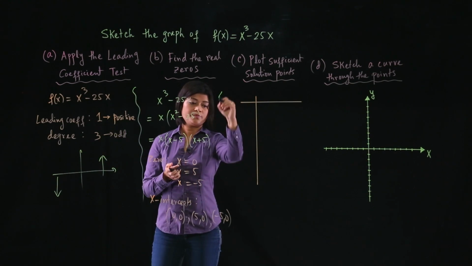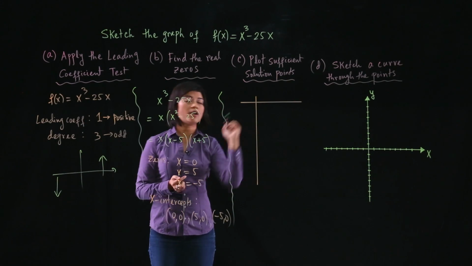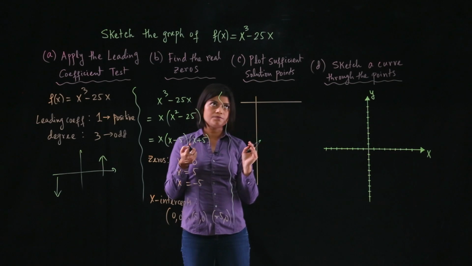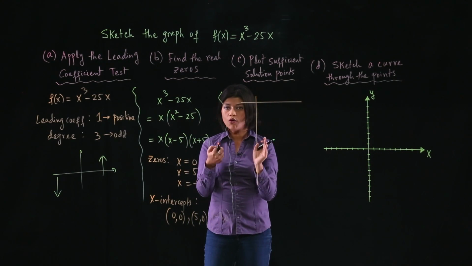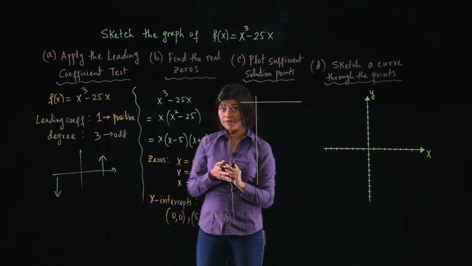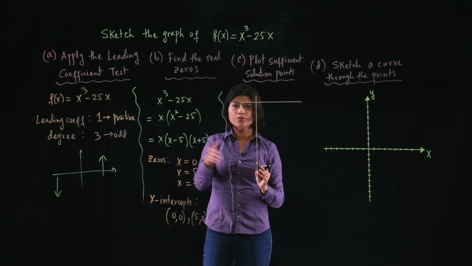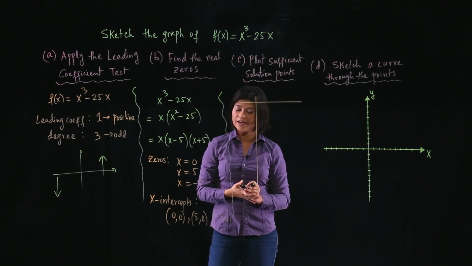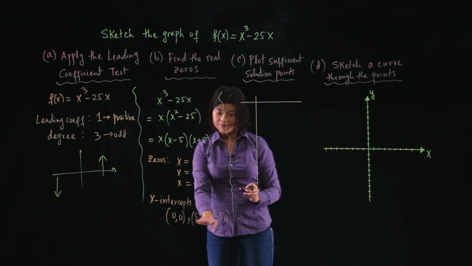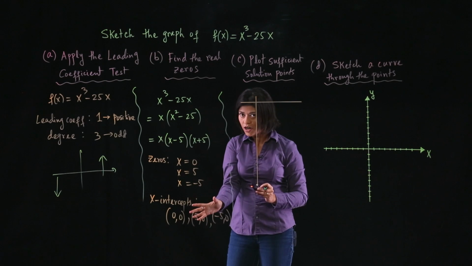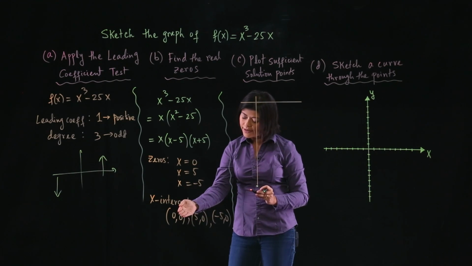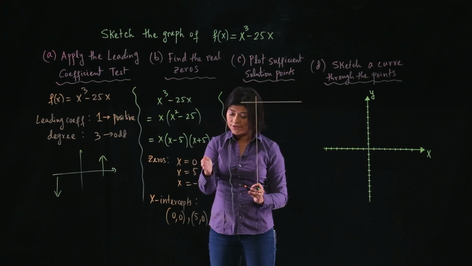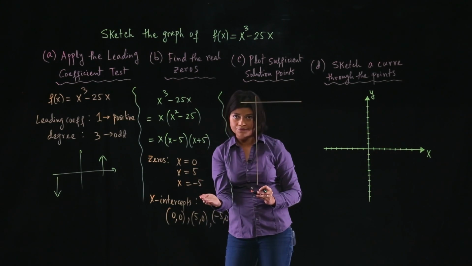Okay, we finished with part B. Let's move on to part C. Now, it's not a bad idea to find a few more points on the graph of this given function, and then we can join all those points in the end to be able to graph it. So we already have some ideas what this curve will look like. We know that the graph of this function will cross the x-axis at 0, 5, and negative 5.